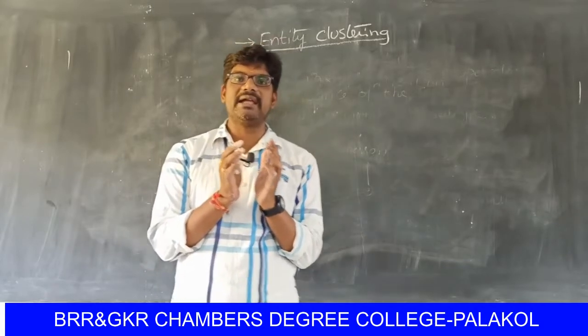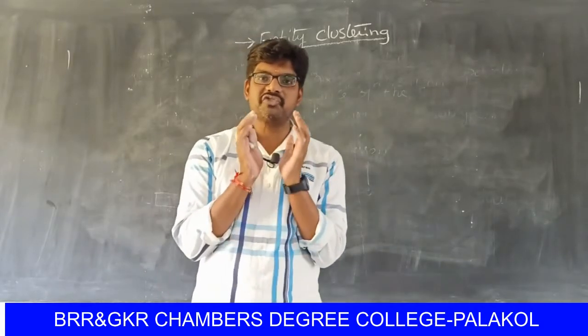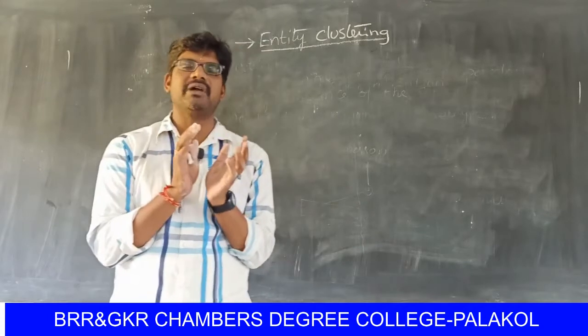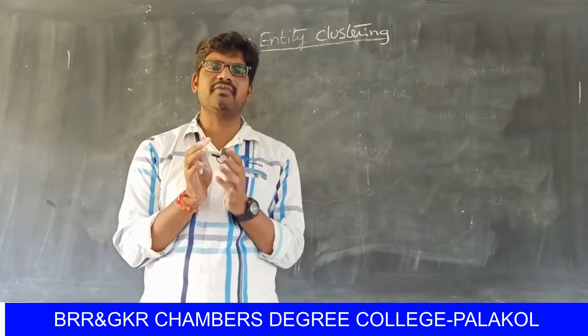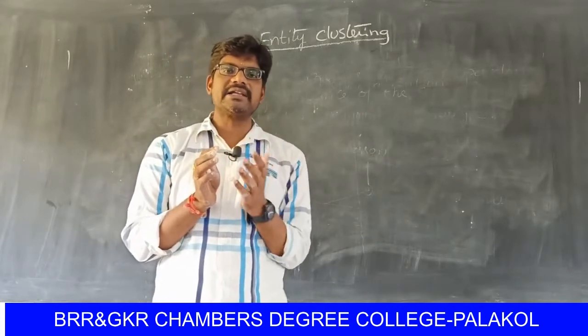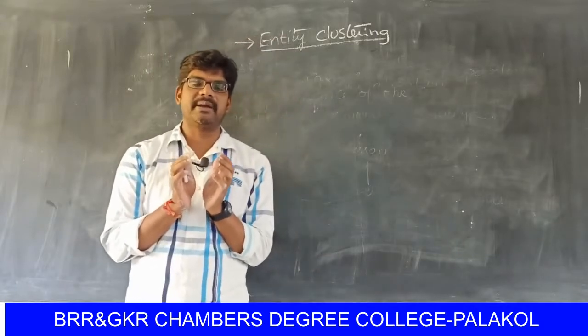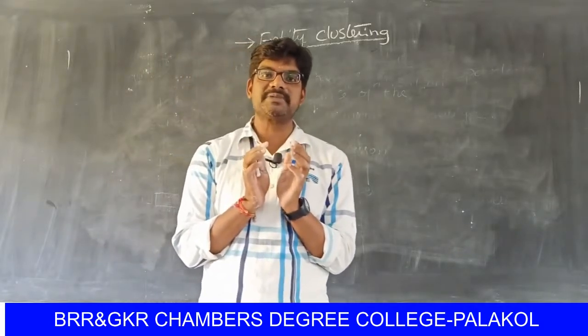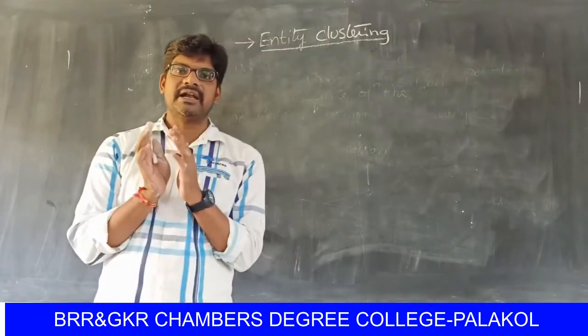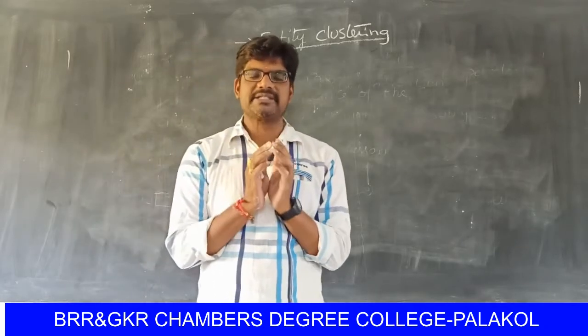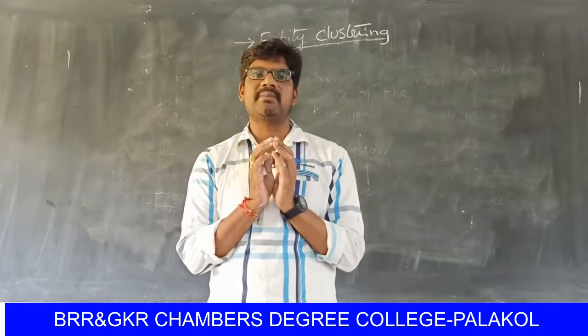The entity cluster is a virtual entity type. It is virtual; we cannot view it. An entity cluster is a virtual entity type that represents the relationships and entities, the data. So what does entity clustering mean?